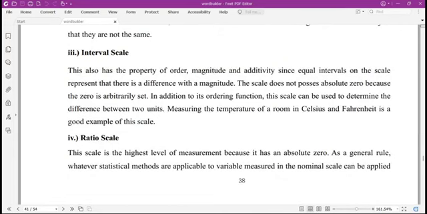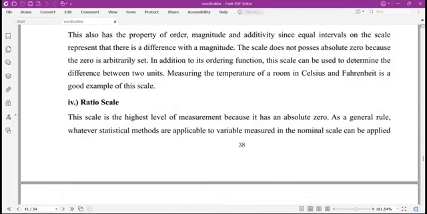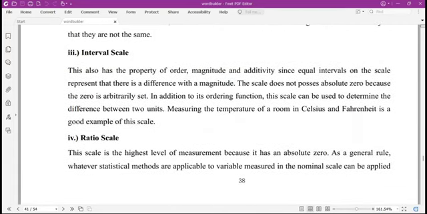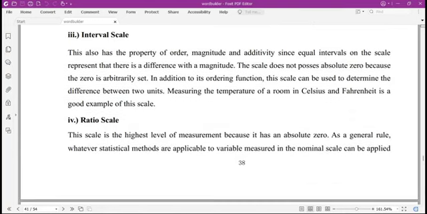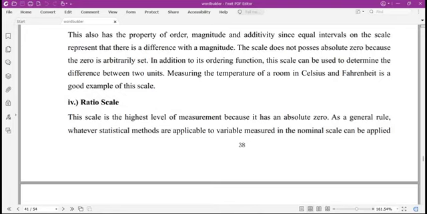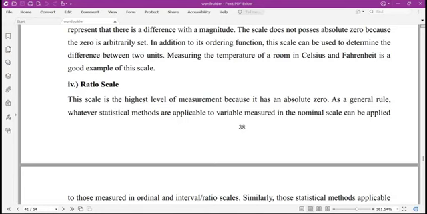The only difference is that whereas the interval scale does not have absolute zero, ratio has absolute zero. Like this weight we've talked about, no matter how light a weight is, it can never be below zero. You don't even have a weight that is zero, to talk of being below zero. So you can never have a weight that is less than zero.